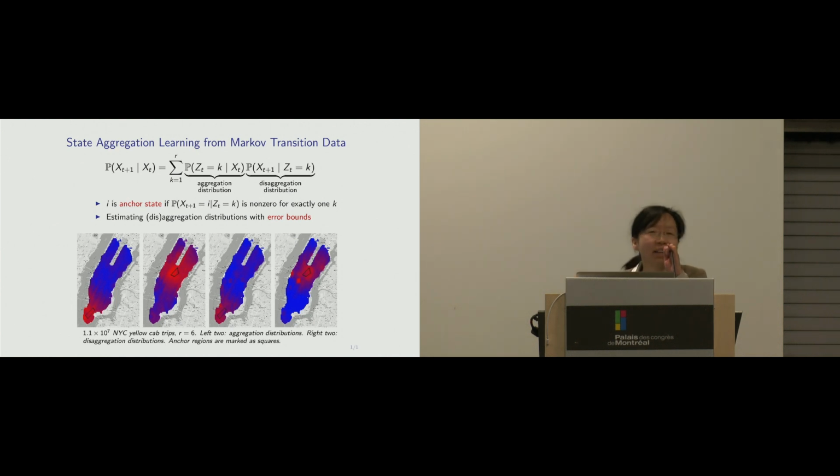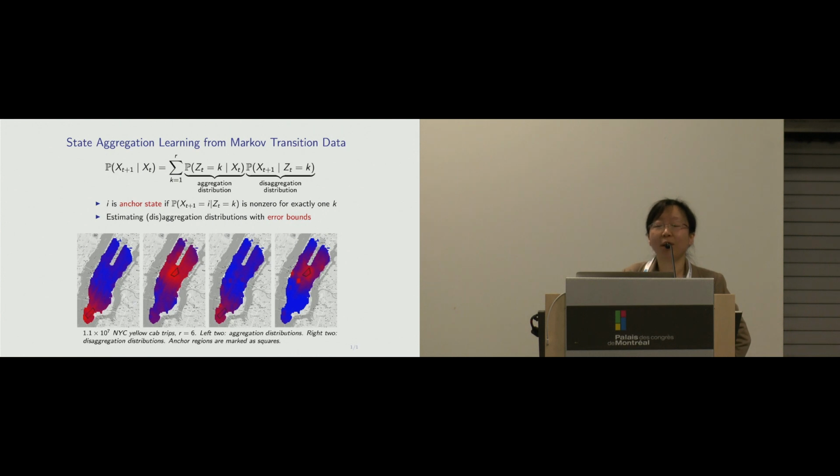State aggregation is a very useful tool for dimension reduction in complicated systems. We take the soft state aggregation framework for a large Markov transition process. The state transition is viewed as first transiting to one of a few latent meta states using the aggregation distribution, and then transiting to the raw states using the disaggregation distribution.